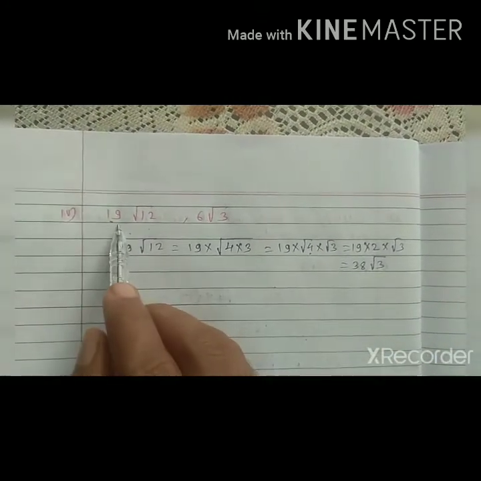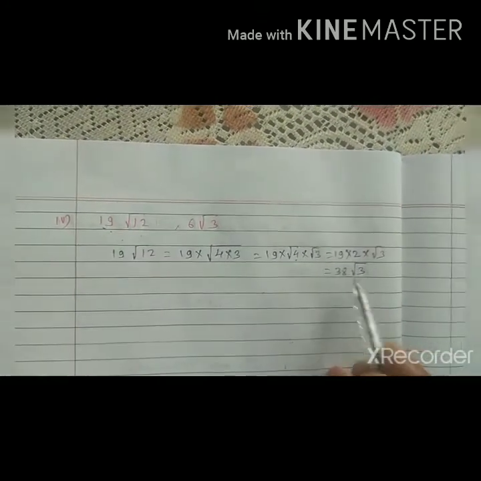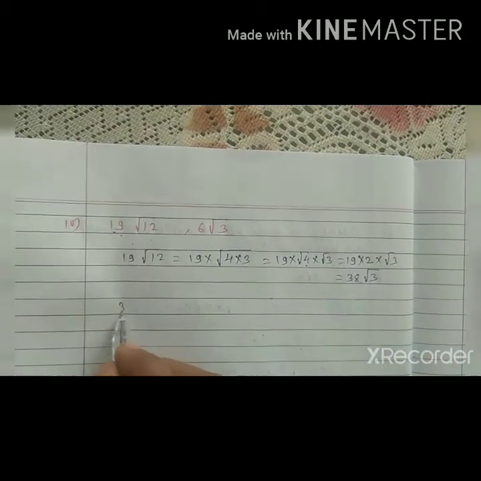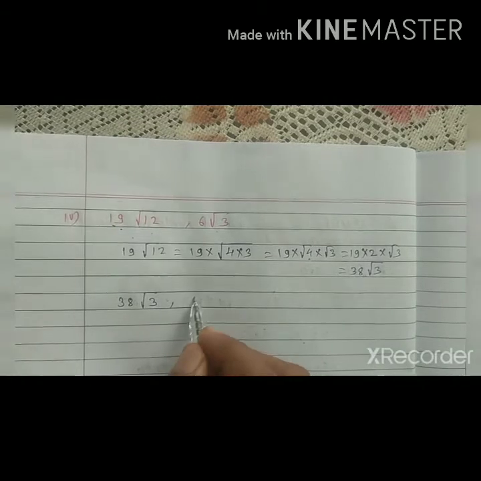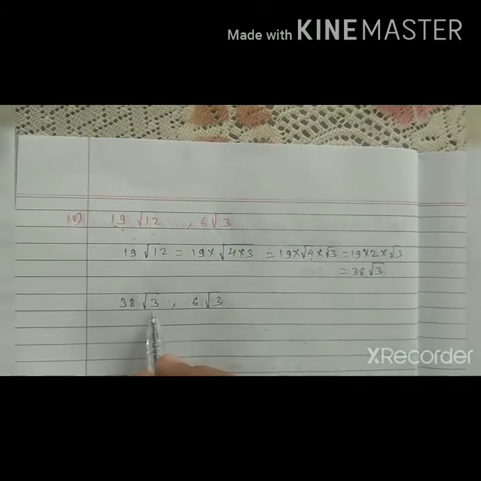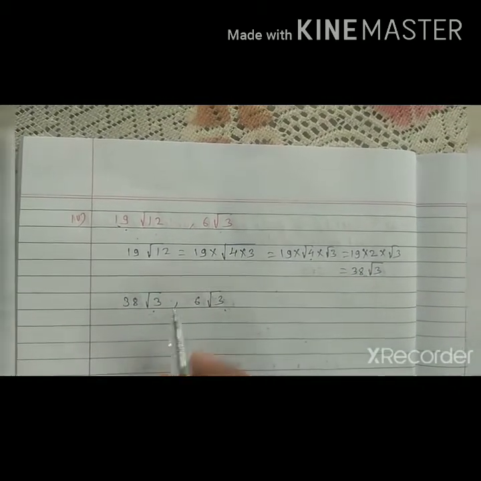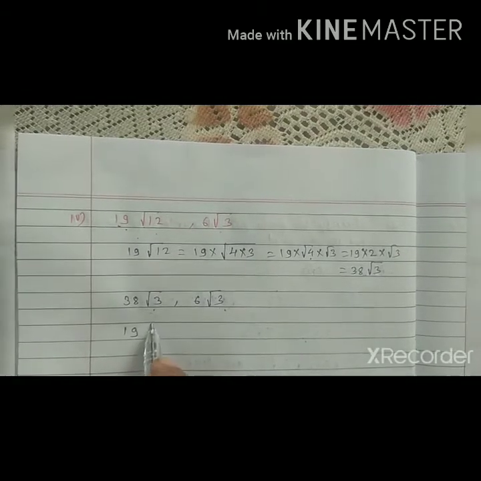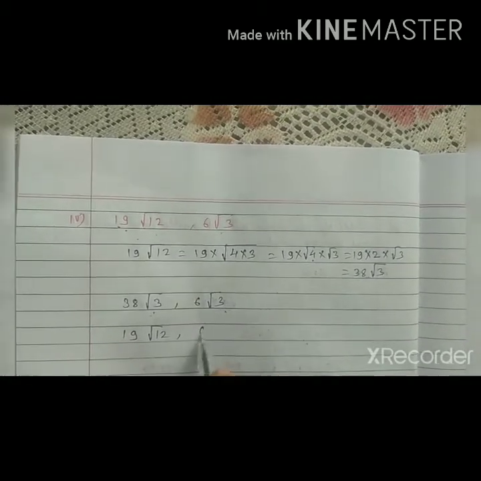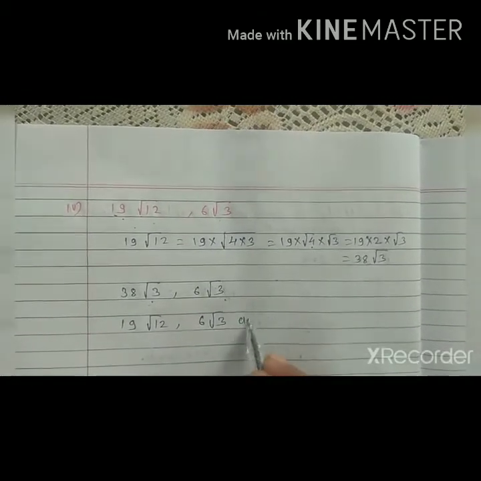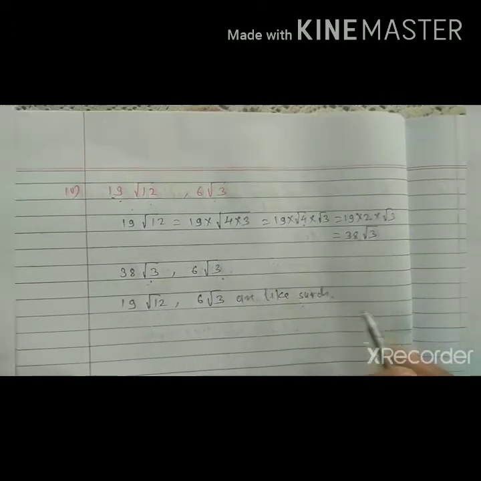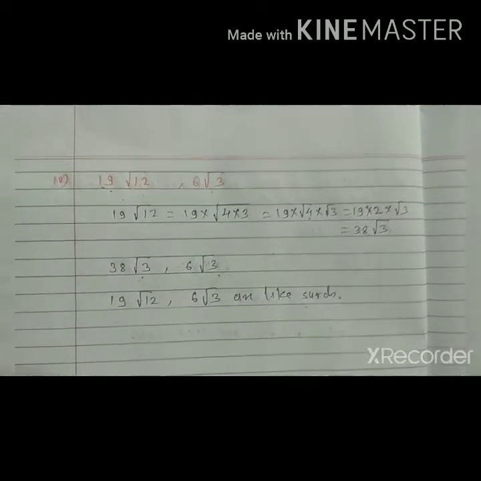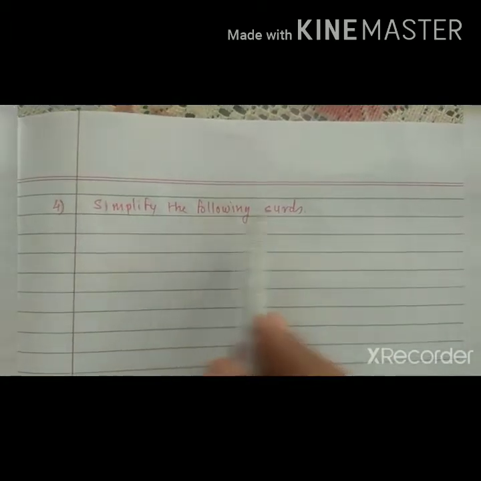So 19 into root 12 is equal to 38 root 3. And second surd is 6 root 3. Here radicands are equal. Therefore 38 root 3 and 6 root 3 are like surds. Got it?